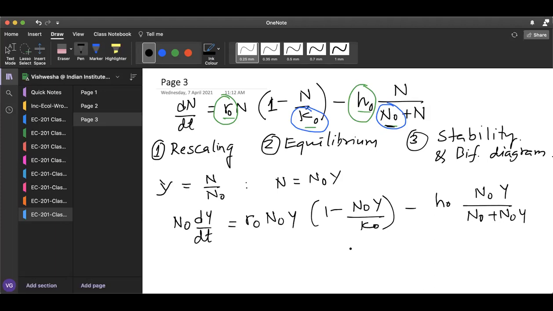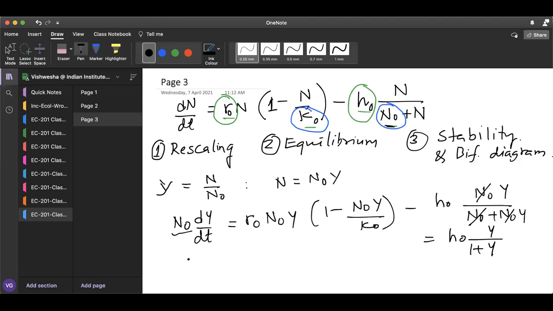You can see some cancellations can be done now. You can cancel this. The second term basically now becomes h0 y divided by 1 plus y. But what about the first term? This hanging around of n0 on the left hand side is not very pleasant. Let's divide the entire equation by n0.